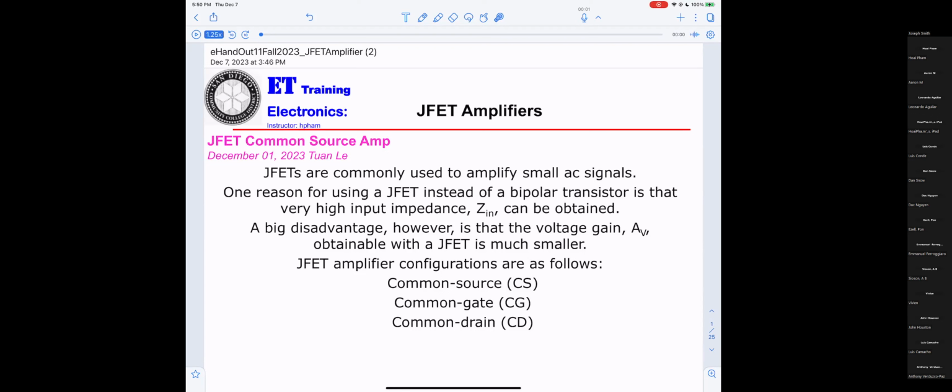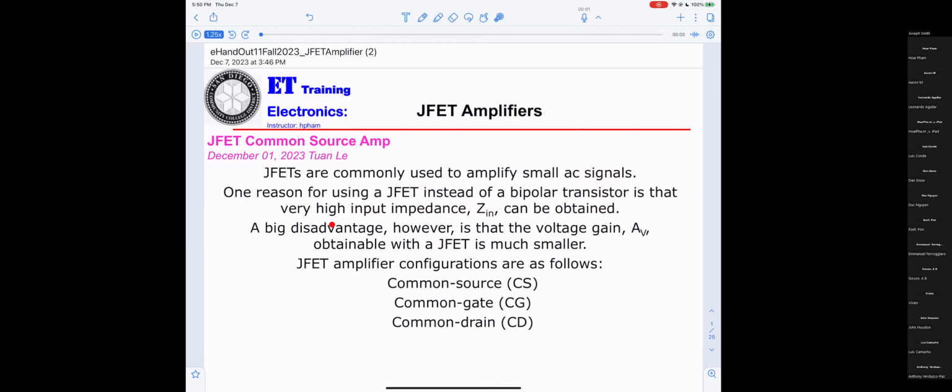Okay, let's see. JFETs are commonly used to amplify small AC signals. One reason for using a JFET instead of a bipolar transistor is that very high input impedance can be obtained.